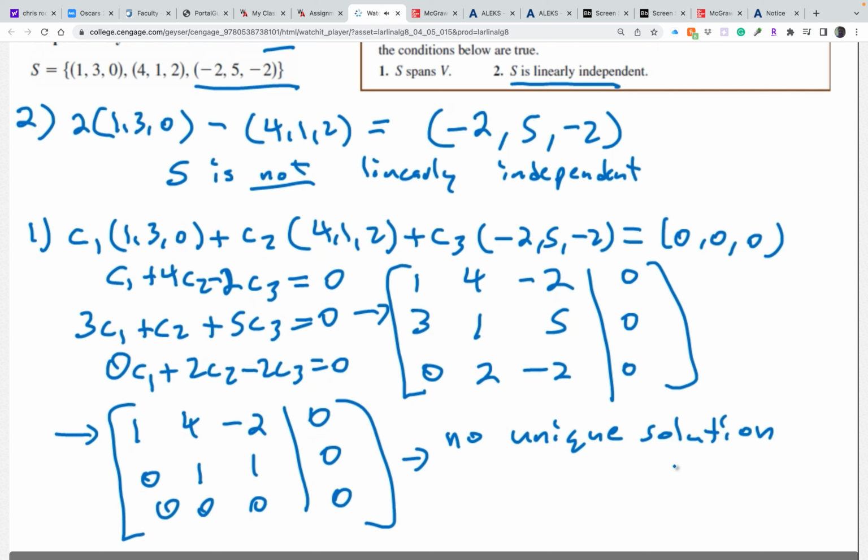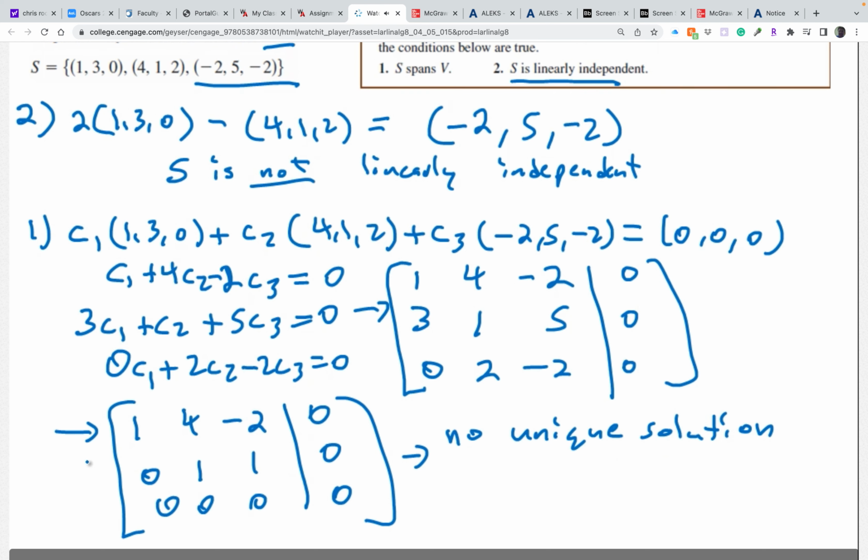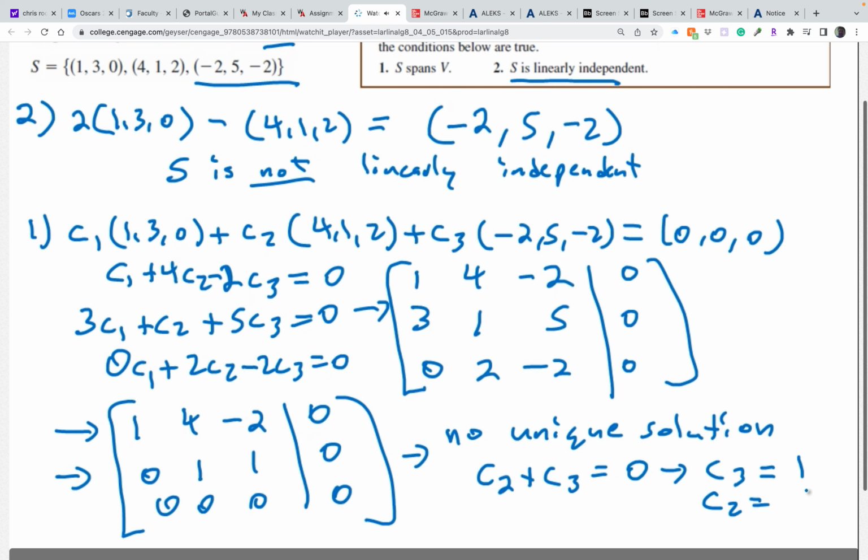But it's possible that we'll have a non-trivial solution, because from the second row, we see that C sub 2 plus C sub 3 is equal to 0. So if we let C sub 3 equal to 1, then C sub 2 will be -1.